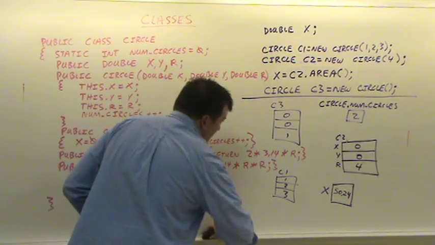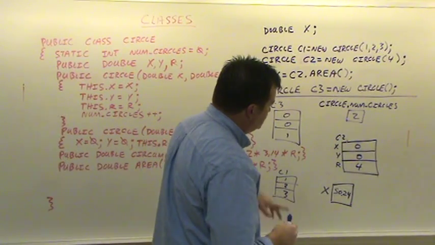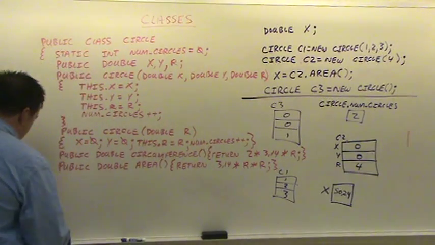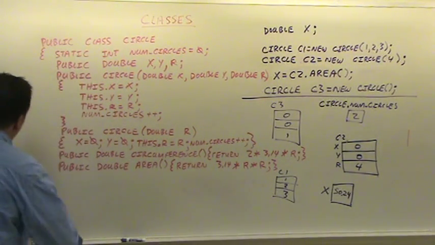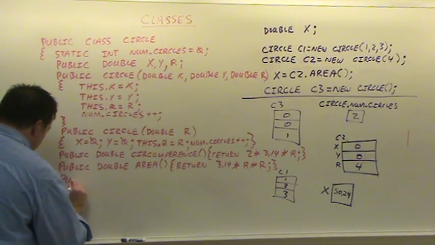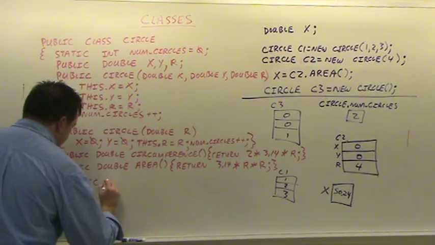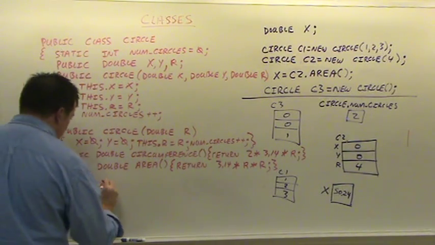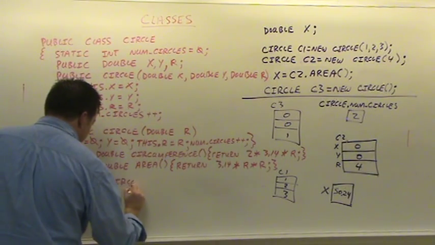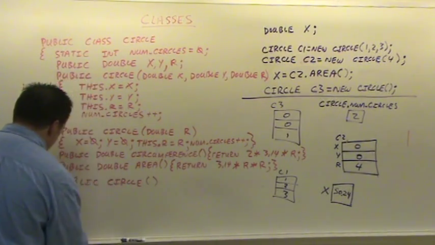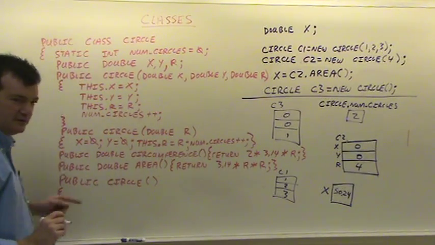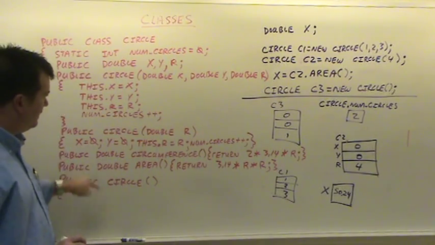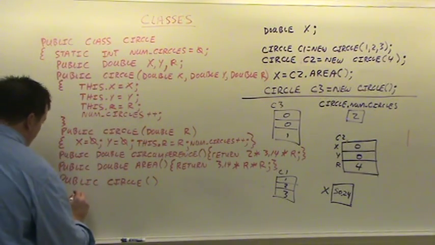Now if we wanted to write the body for this version, what would it be? We'd have to go public, we're not returning it, public Circle, no parameters. This x equals 0, this y equals 0, this r equals 1, and then increment the counter, right?